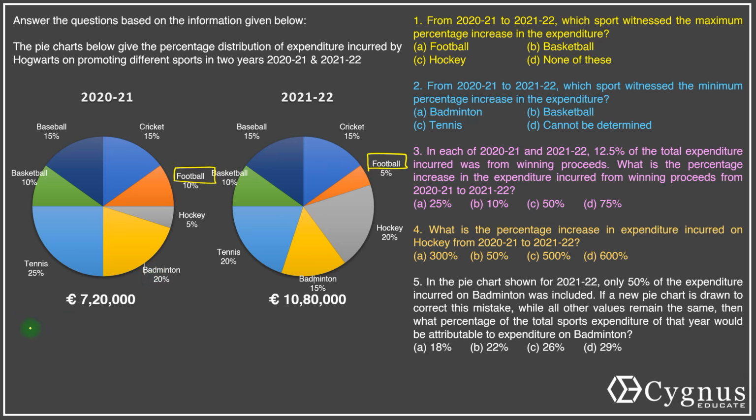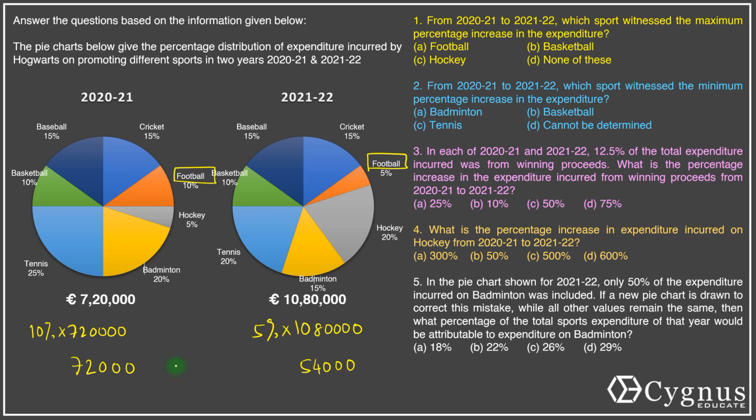While I need to calculate 10% of 720,000 euros in the first year, I would need to calculate 5% of 1,080,000 euros in the second year. We can do that. That's not difficult. This is 72,000 and this comes to be 54,000, right?